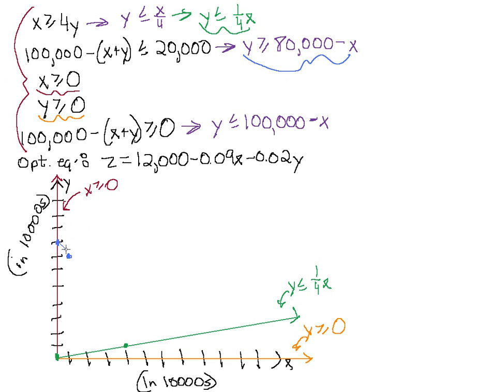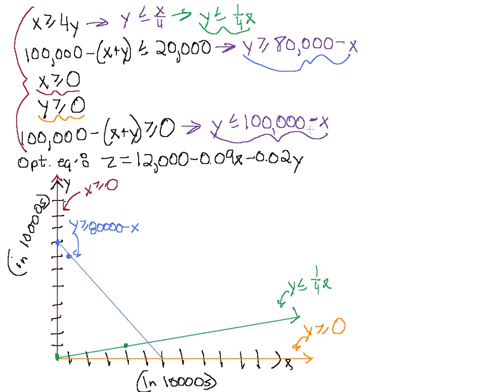Going through this point, it's going to stop at the x-axis because it's not going to go below y equals 0. So this is our line, y is greater than or equal to 80,000 minus x. Okay, we got one more to do, and that's this 5th one.